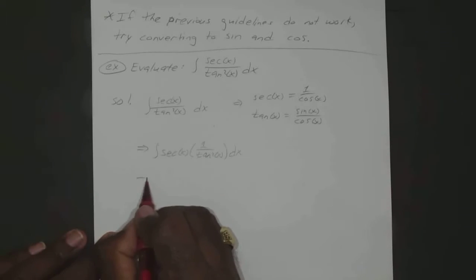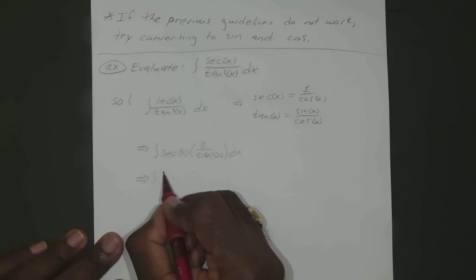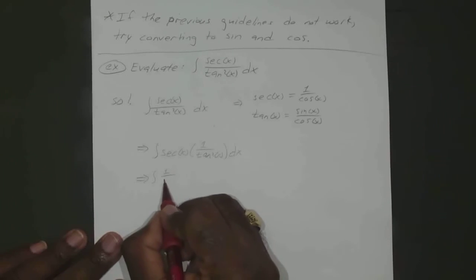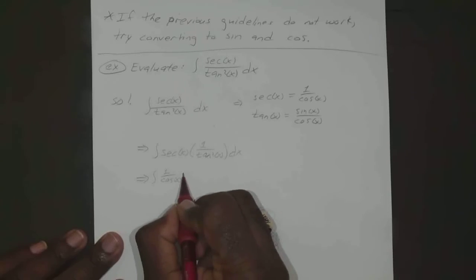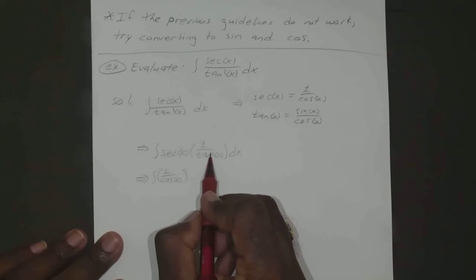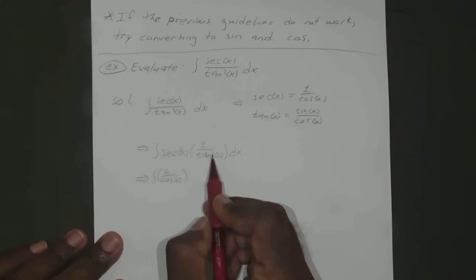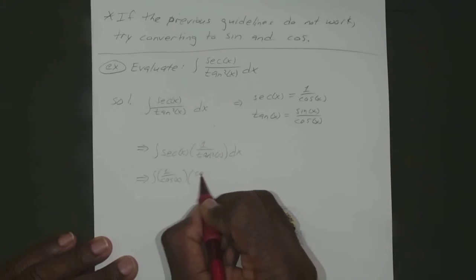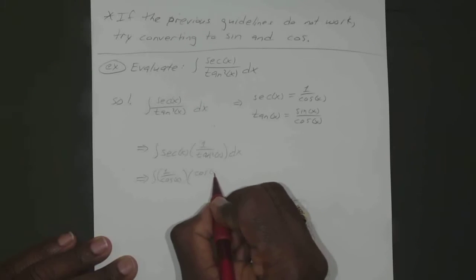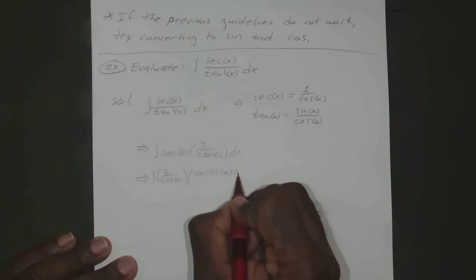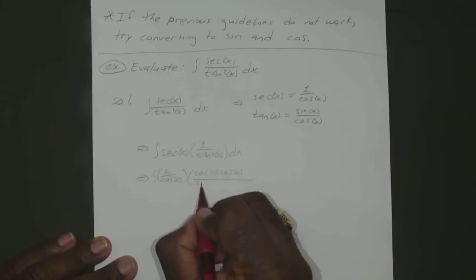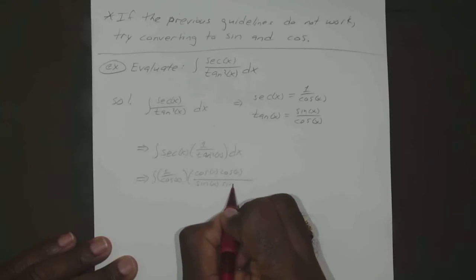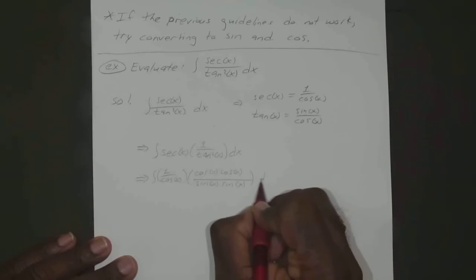Okay, which makes that the integral of 1 over cosine times, well, if you flip that, cosine squared x over sine squared x dx.